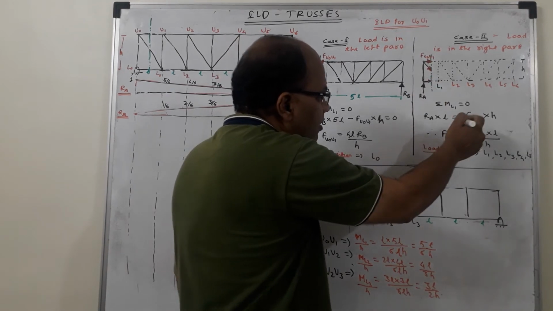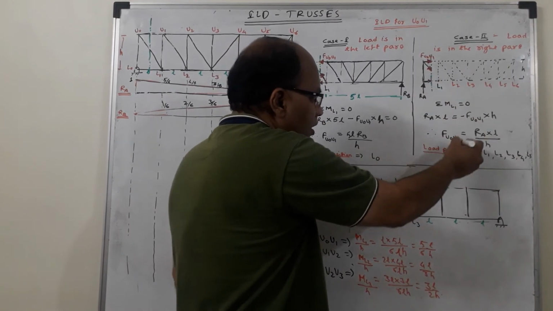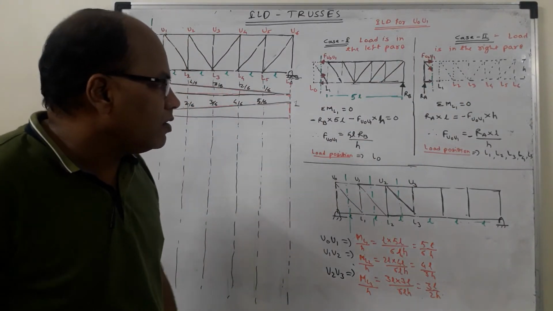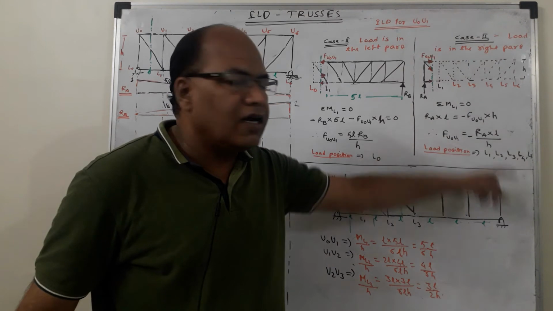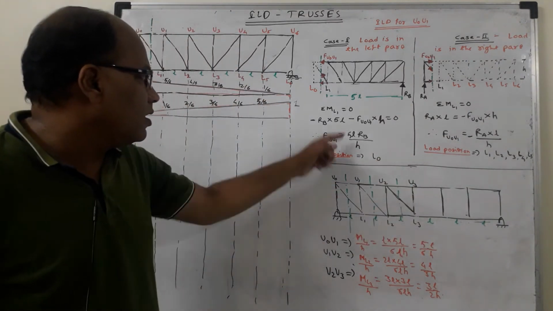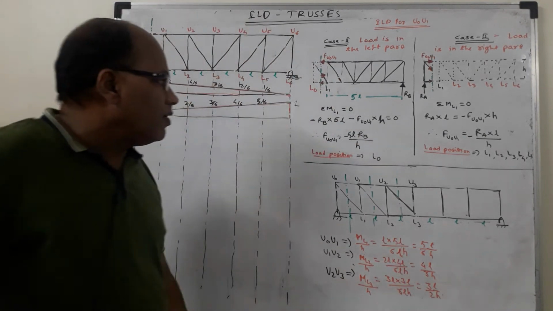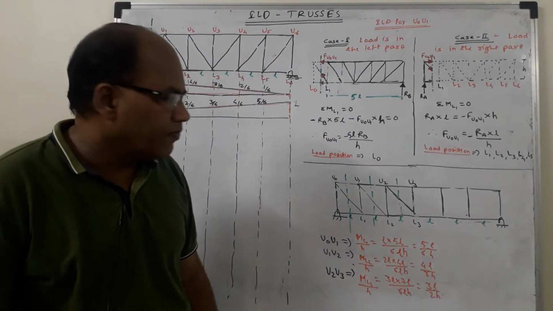When I take it to the right, it will be negative, and the value will be F U0 U1 equal to minus RA into L divided by H. Here also F U0 U1 is equal to minus 5L RB upon H.